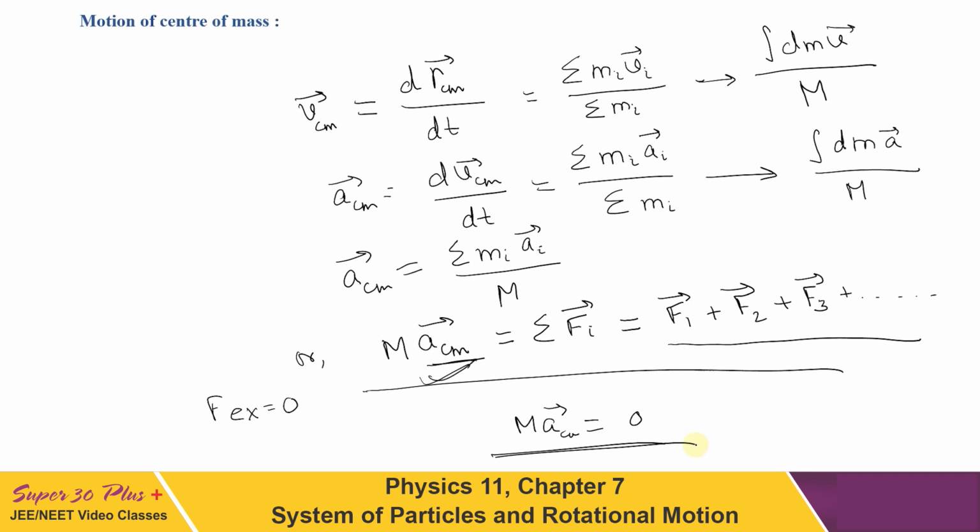So we can say that if no external force is acting on the system, the acceleration of center of mass has to be equal to 0. Just now we have seen in motion of center of mass that if no external force is acting on the system, then the center of mass, if initially it was not moving, will not move at all.